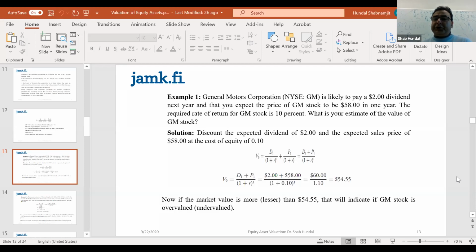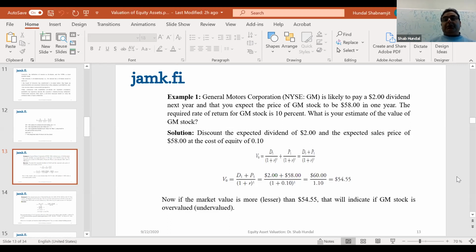And the formula you use is V0, which means the present value. Remember, wherever you see the letter 0 in the subscript, it means the present value.